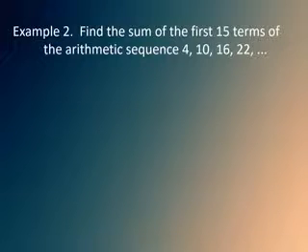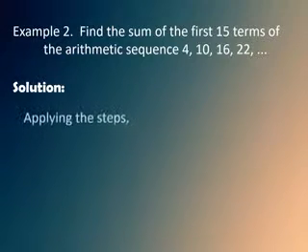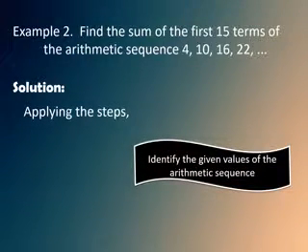Example number 2. Find the sum of the first 15 terms of the arithmetic sequence 4, 10, 16, 22, and so on. To solve the sum of the first 15 terms of this arithmetic sequence, we need to apply the steps. First step, identify the given values of the arithmetic sequence.